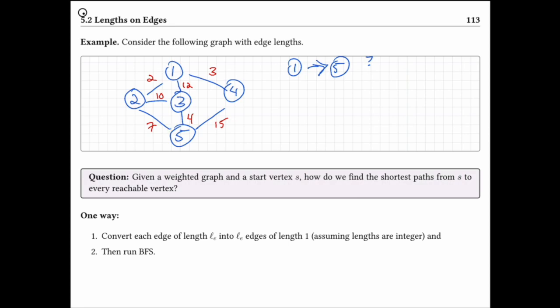So 1, 2, and 5. The length of 1, 2 is 2, the length of 2, 5 is 7, so the length of this whole path is 9, right? And that's the shortest path.